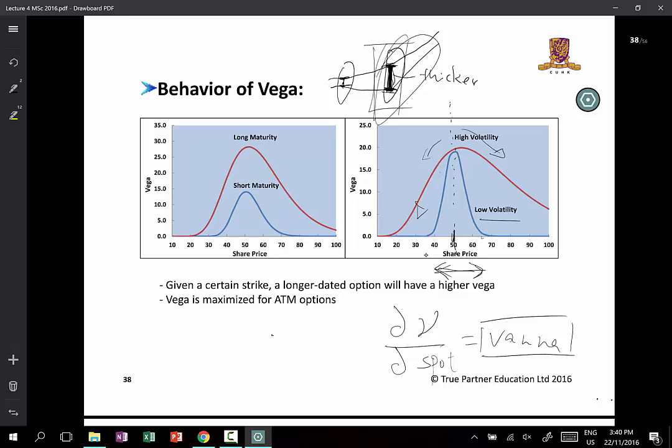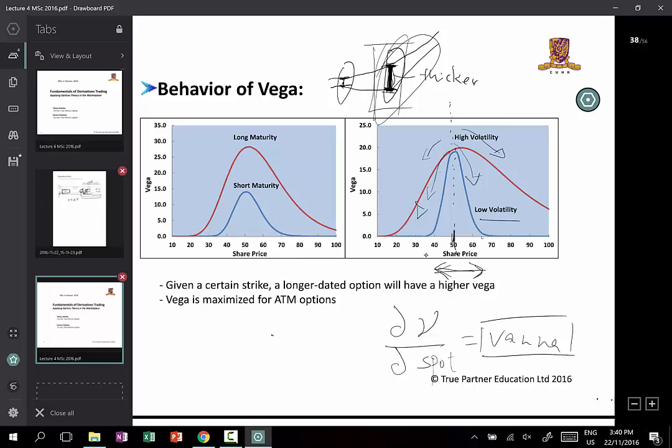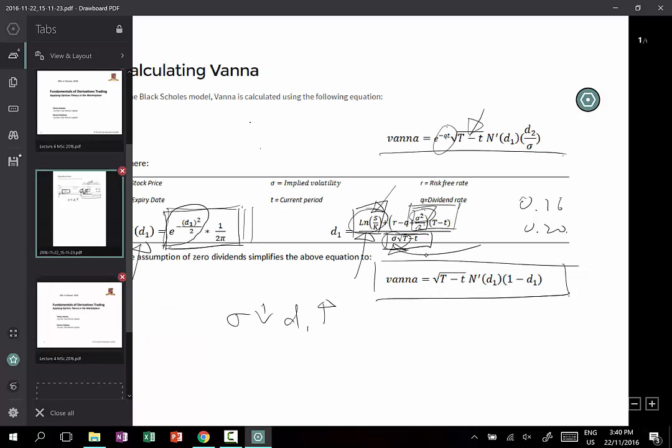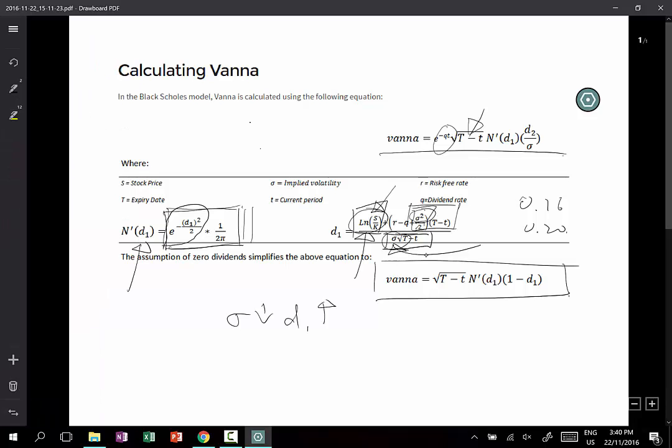For low volatility stocks, that Vanna parameter seems to be a lot higher, so it changes very fast, whereas for high volatility stocks that's not the case. To really answer that, you have to look at what's actually going on with the definition of Vanna, which is this formula here.